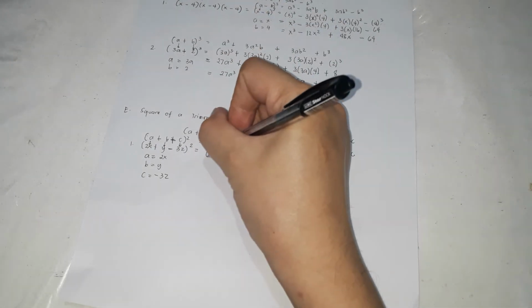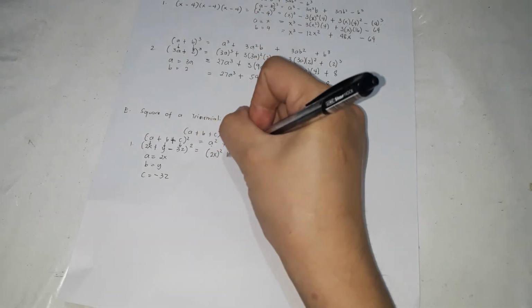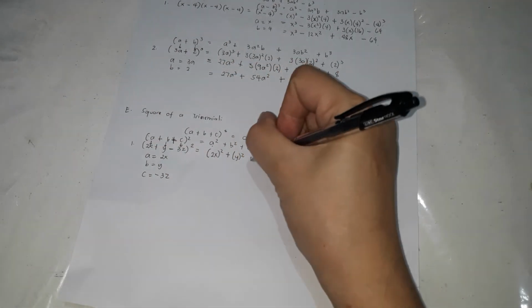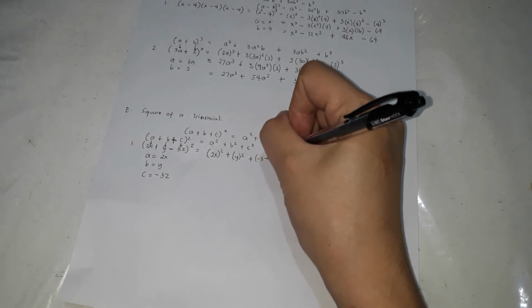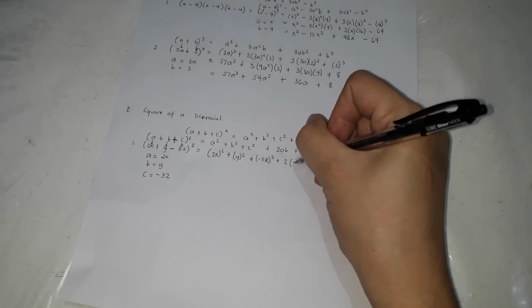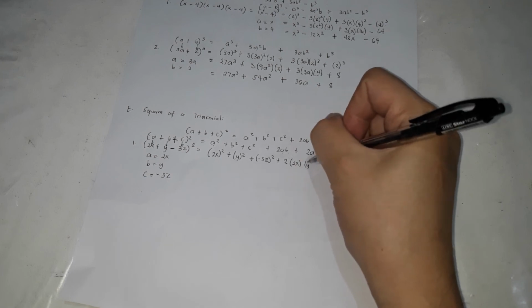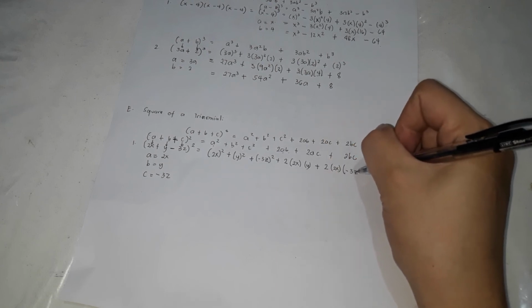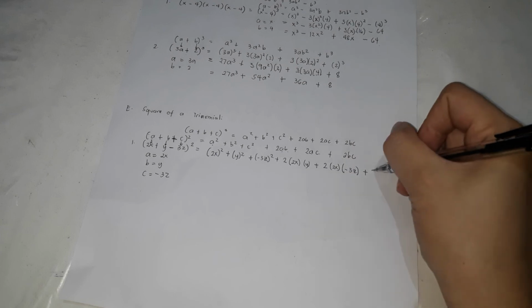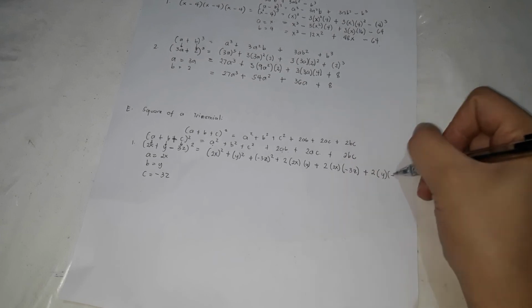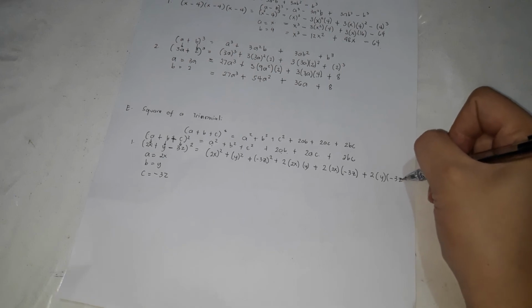So, a squared is (2x) squared. b becomes y, y squared, plus c becomes (negative 3z) squared, plus 2. The a becomes 2x, the b becomes y, plus 2, the a becomes 2x, the c becomes negative 3z, plus 2, the b becomes y, the c becomes negative 3z.